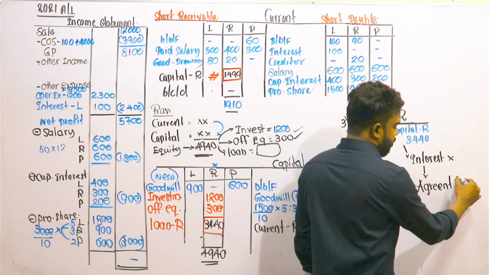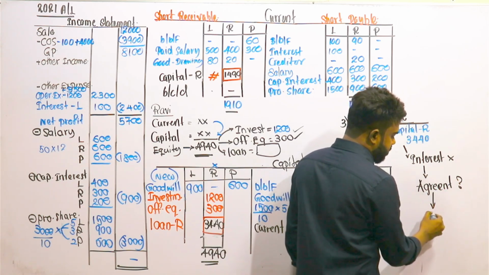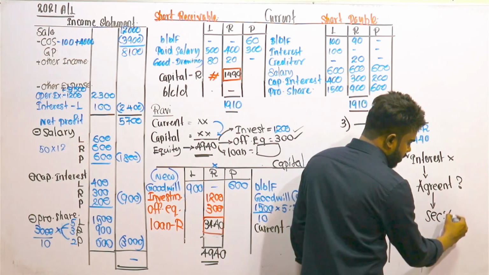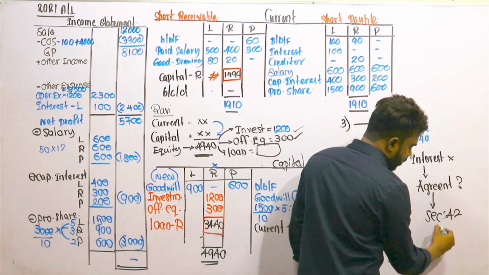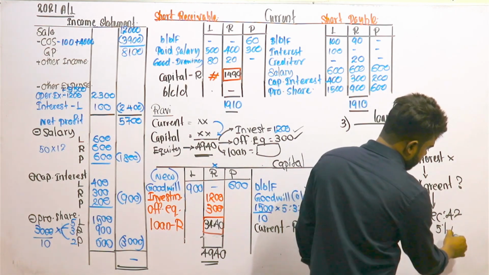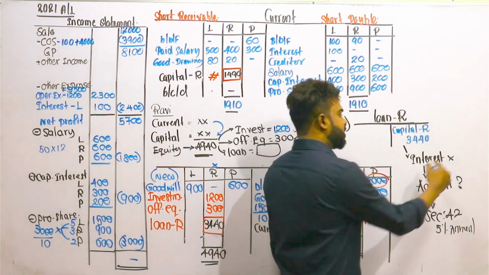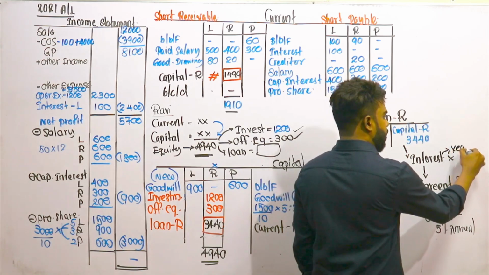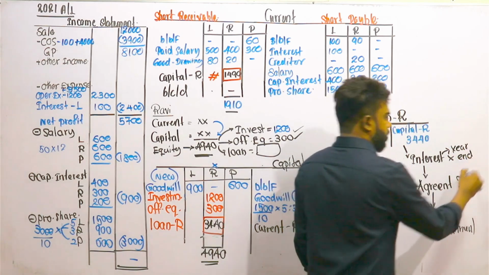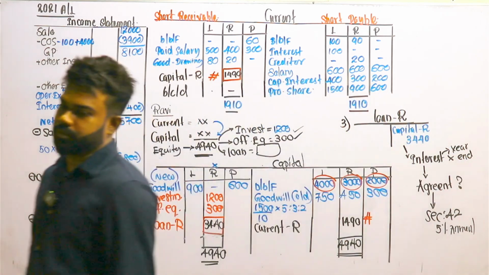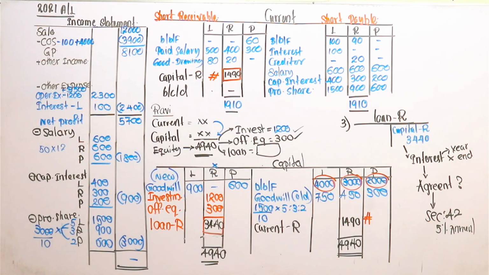If not, it is mentioned in section 42, 5% annually. But in this question, no need to pay because the partner has retired at year end. Right, whatever, understood.